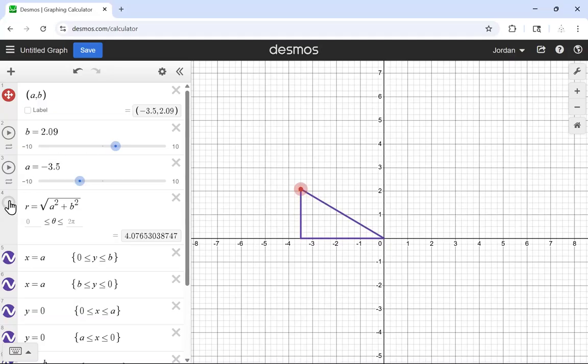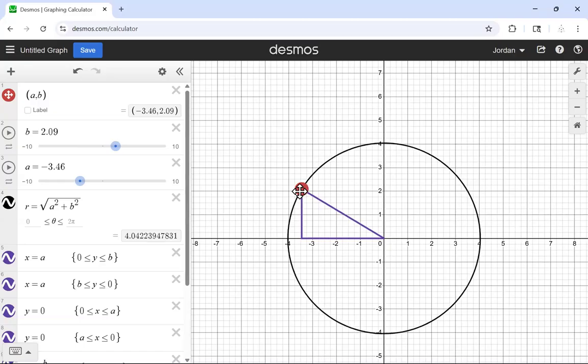And by the way, when we say going negative 7 pi over 6 and 4 units out, this is kind of like having a circle of radius 4 and moving along that circle of radius 4 until I hit the angle of negative 7 pi over 6. That's more than pi. Excuse me, I should say more than pi in absolute value. So we start with a negative angle, which moves clockwise.